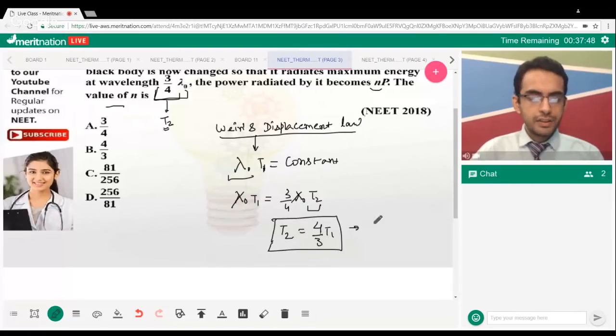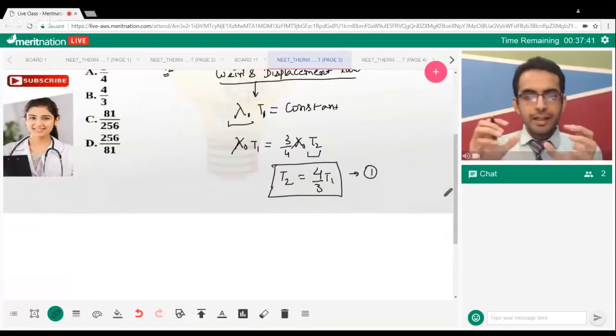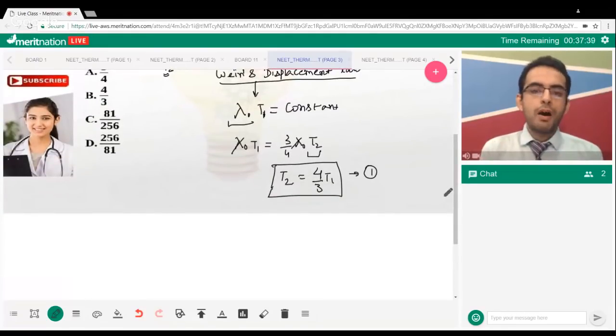So let's say this is equation number 1. Now, as you have learned, the power radiated is directly proportional to T raised to the power of 4. Initially the power was P. We can just take the ratios of the two powers.